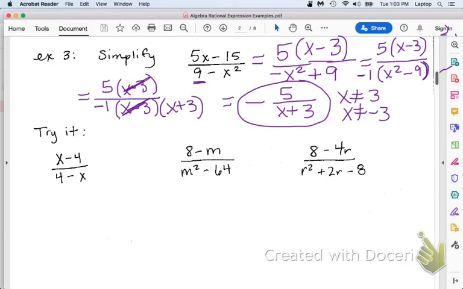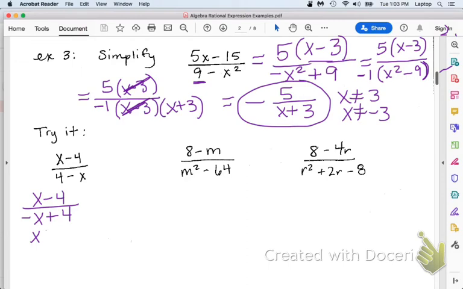All right, under try it, I double-checked. There are no mistakes as they were copied down. But if I rearrange the terms in the denominator for the first one, I'll have x minus 4 over negative x plus 4. So then I can factor out the negative 1.